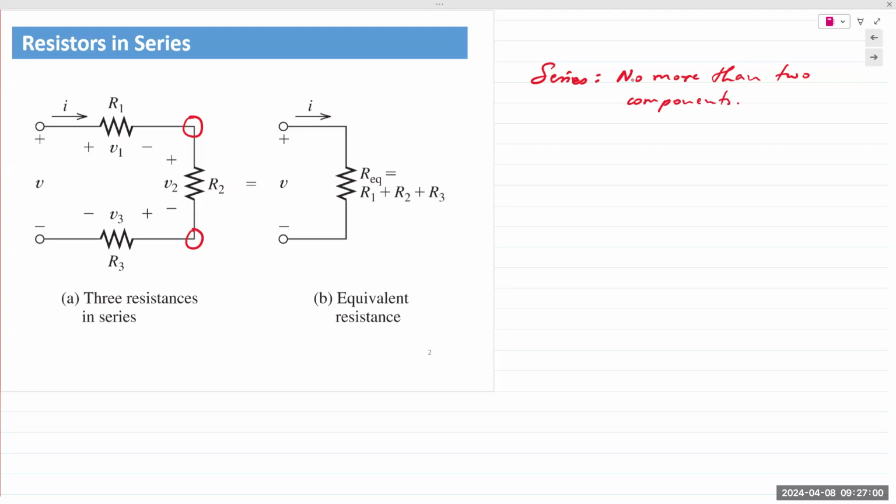No more than two components at that junction. If you have a third or more than three connections, then it is not in series. So in order for two components to be in series, they have to be connected at one single node, and there cannot be more than two connections at that node.